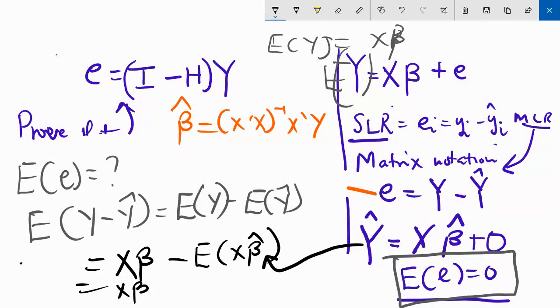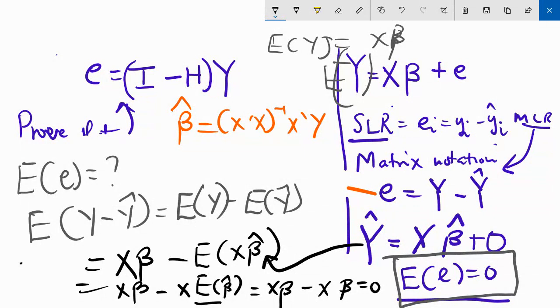So XB minus X, the expected value of B hat. I proved this, I think last week, which means you are left with the expected value of beta hat is equal to what? It's equal to beta.